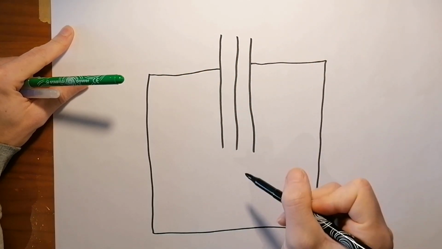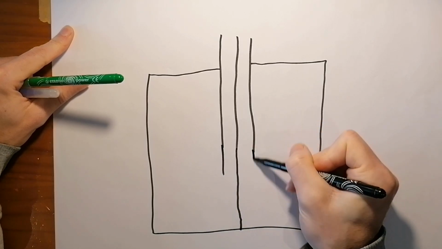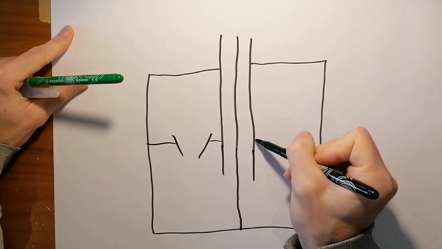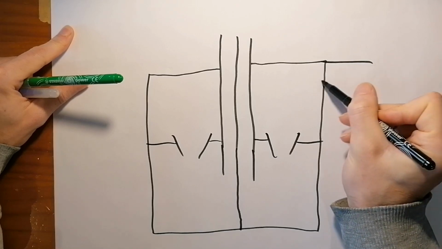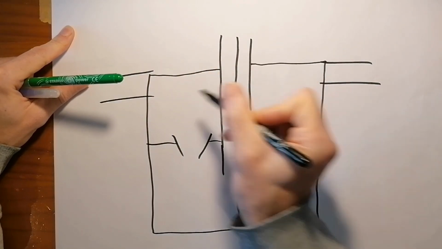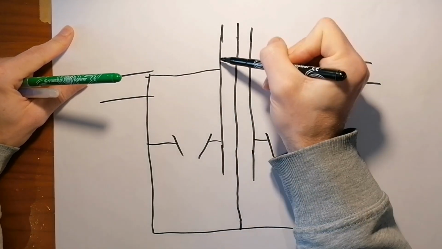This is a schematic diagram of the heart. I've already got it wrong. Should I start again or just go with it? I've missed out these bits here. Anyway, so this is a schematic diagram of the heart.